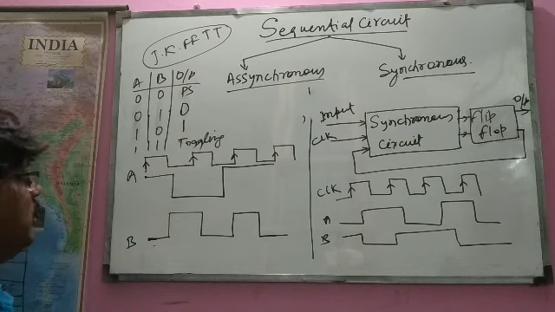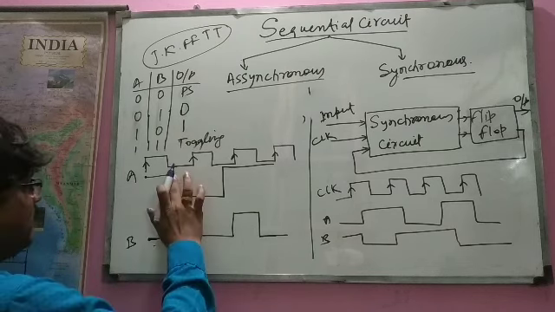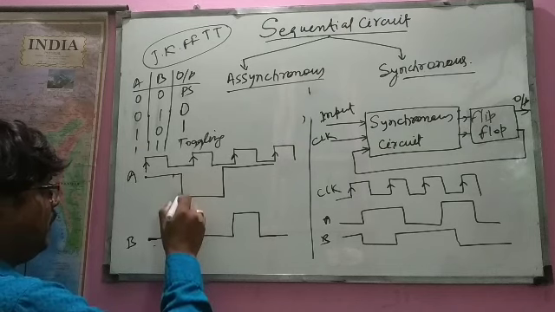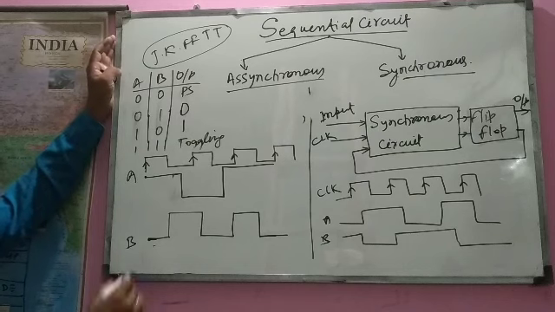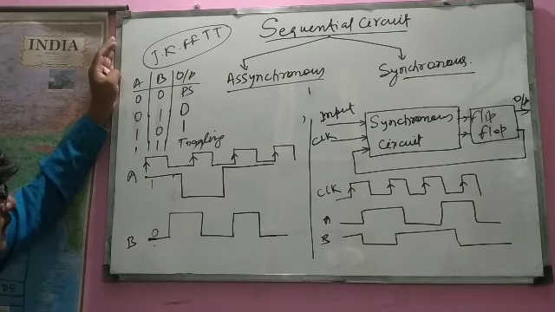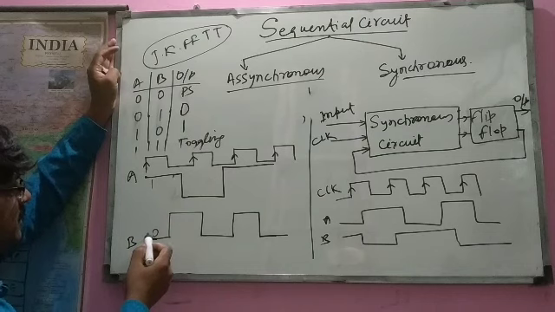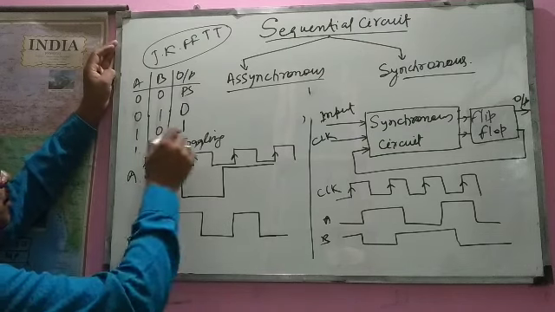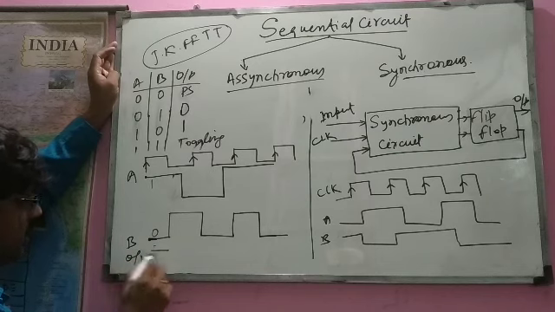And see what happens. In this case, whenever the output will change, see here it is 0 and here it is 1. B is 0, A is 1. So what will be the output in this case? 1 0 means the output will be 1. Here it is the output, it is 1.